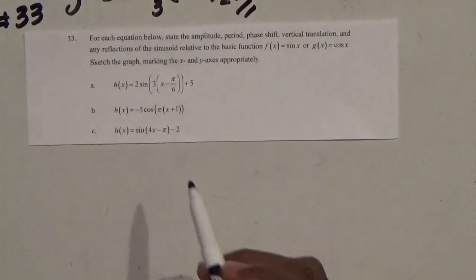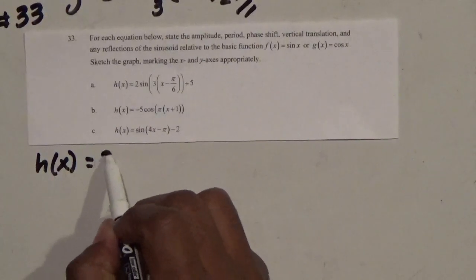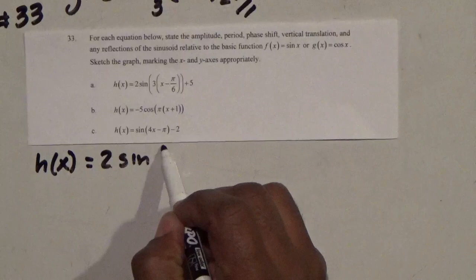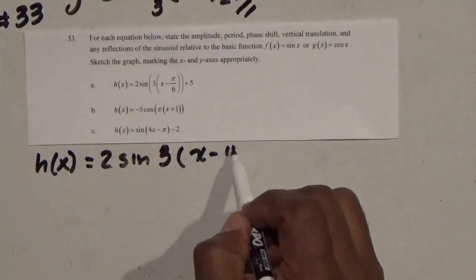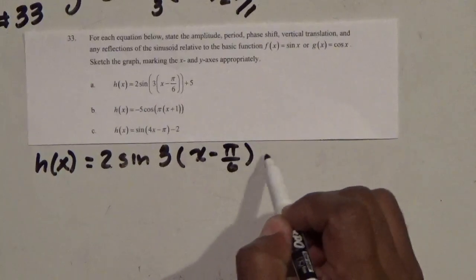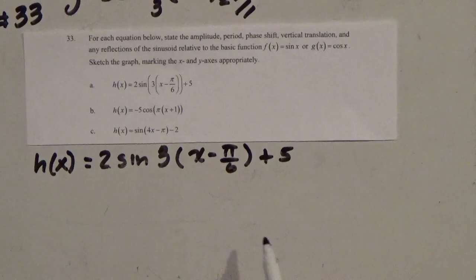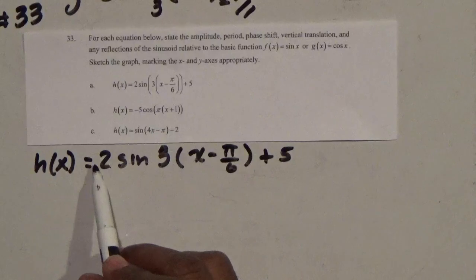For the first problem, h of x is equal to 2 sine 3x minus pi over 6 plus 5. We just want to pull our A, B, C, and D out. There isn't a reflection because this is positive.